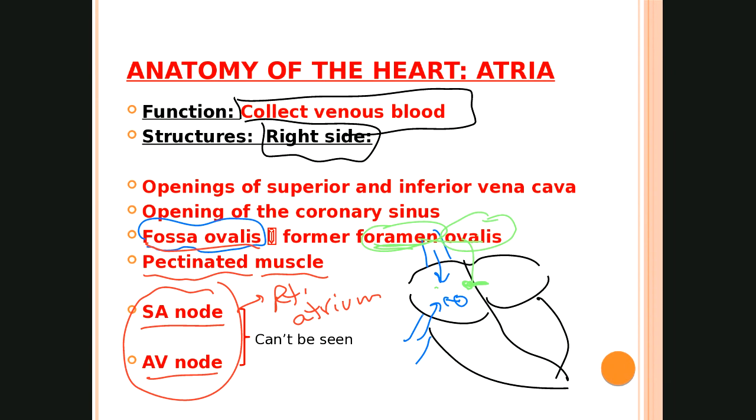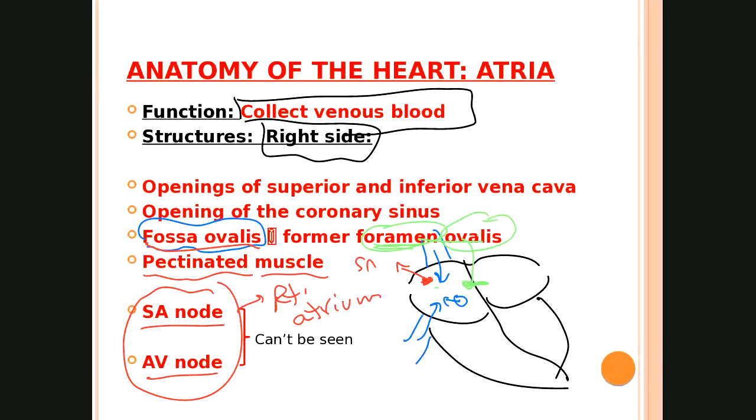The SA node is called the pacemaker of the heart, and it is the area of nodal cells, little specialized cells that initiate the action potential. That is located on the superior right corner of the right atrium.